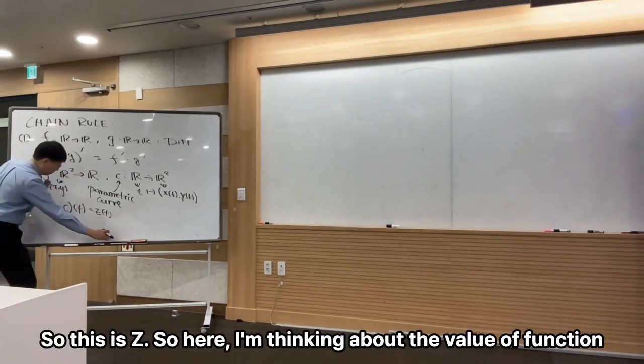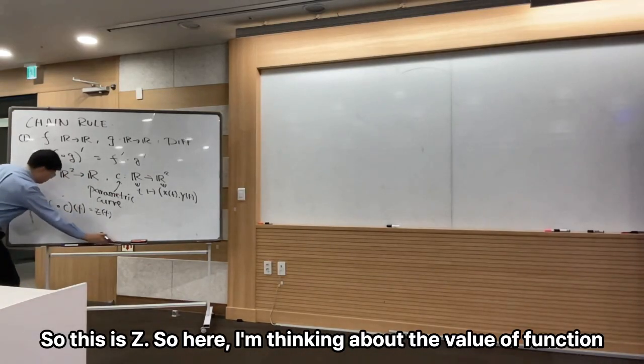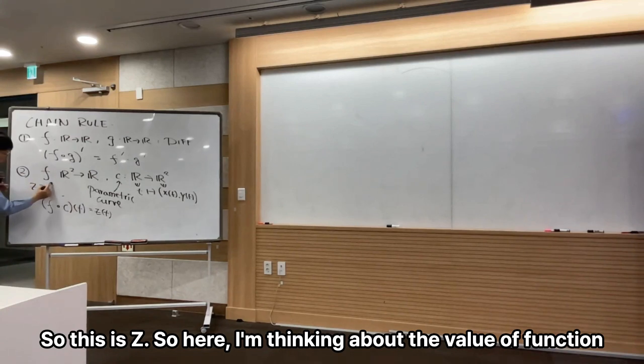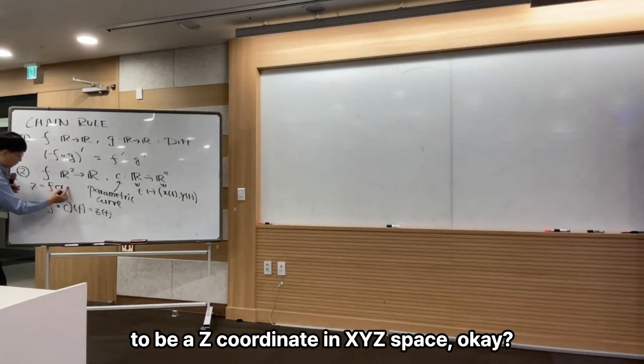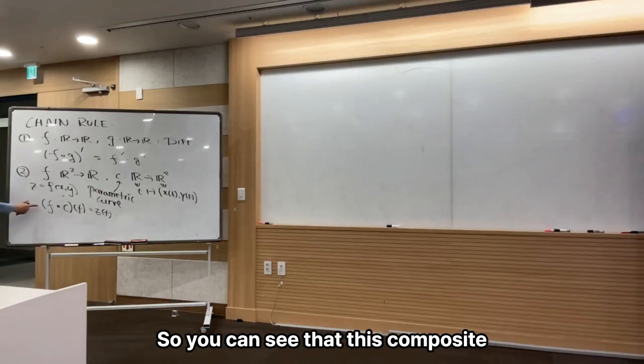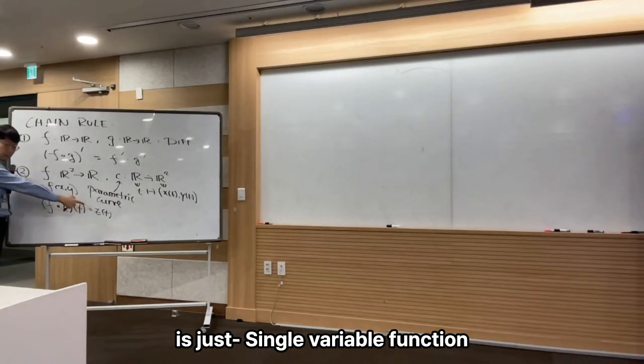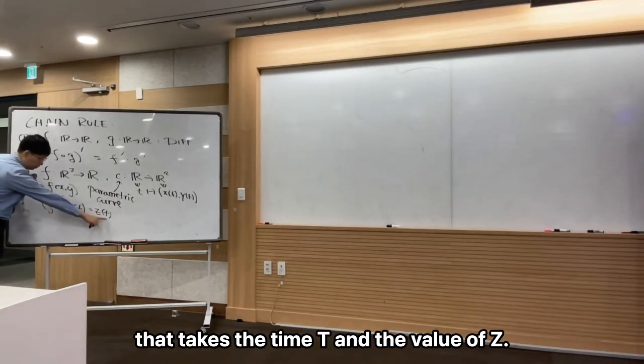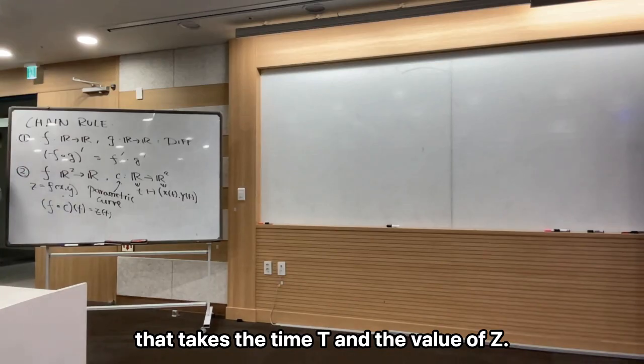So here, I'm thinking about the value of the function to be a z coordinate in x, y, z space. So you can see that this composite is just a single variable function that takes the time t and gives the value z.